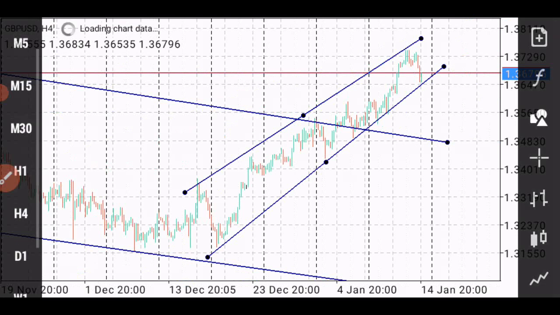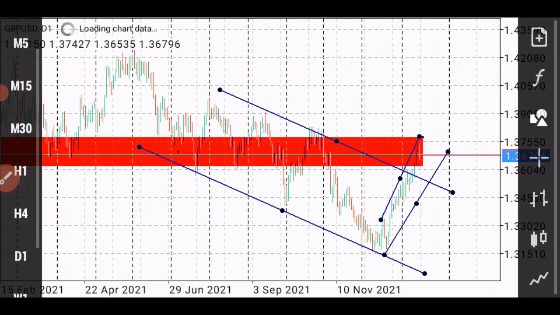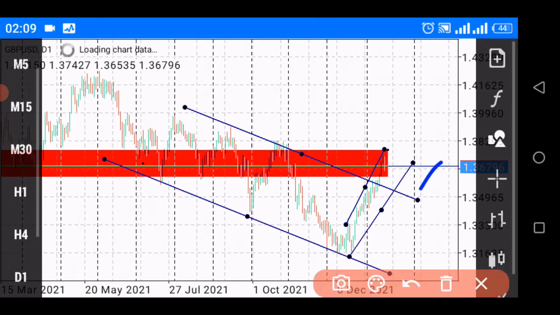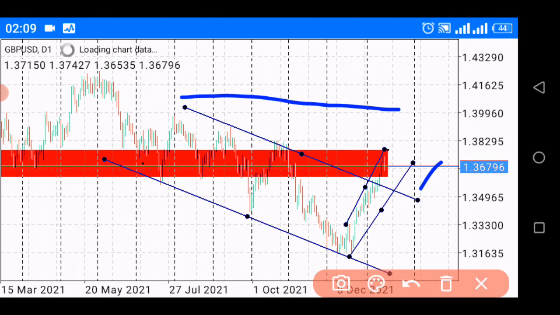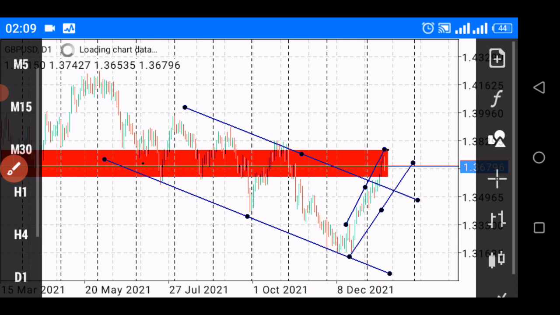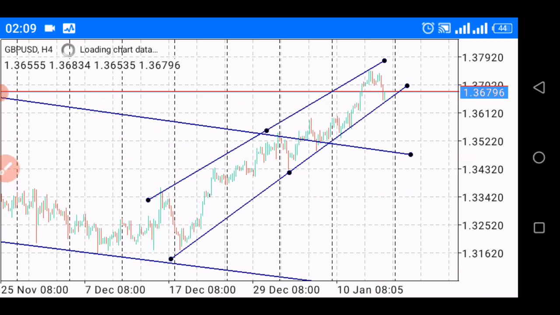For you to conclude that the market is going up, when price probably reaches here, there's a structure that the market must break before you can start going long, start buying pound US dollar. There's a structure in the 4 hours that the market must break, and this is the structure here. It is the 4 hours uptrend here.